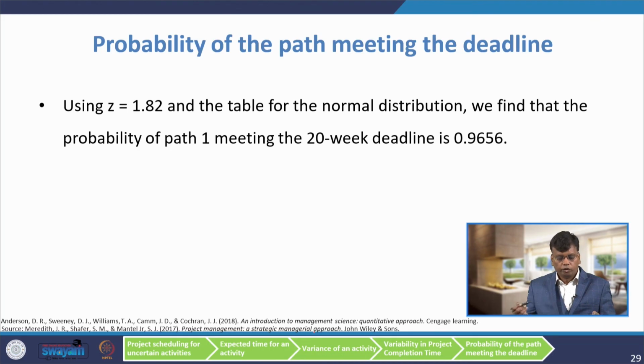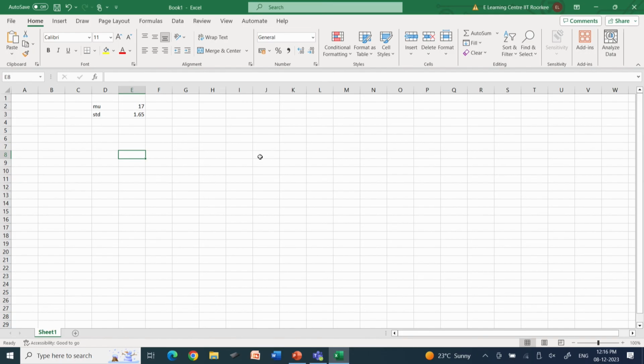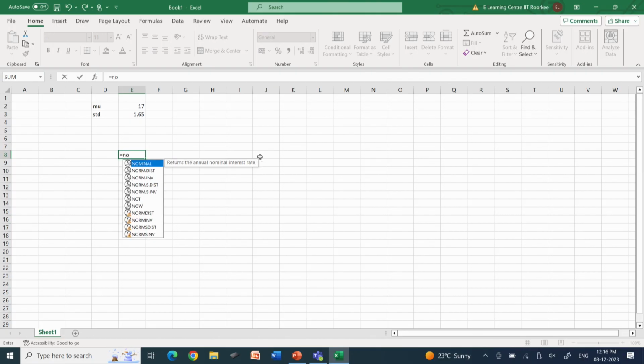Now, I am going to use Excel to find out the area of a normal distribution. We know the mean is 17 and standard deviation is 1.65. We can use the Excel function NORM.DIST. So, x is 20, because we have to find the probability of completing the project in 20 weeks.